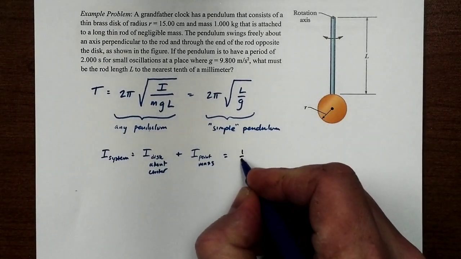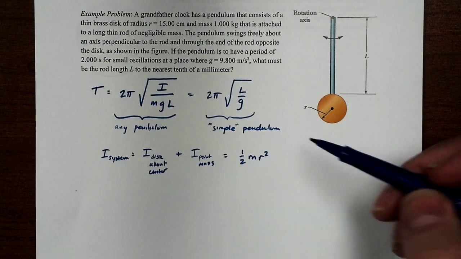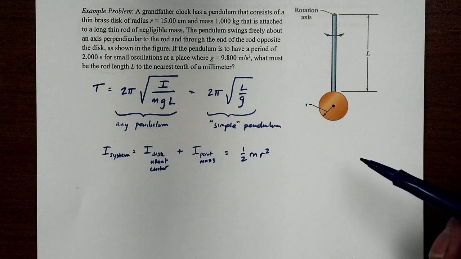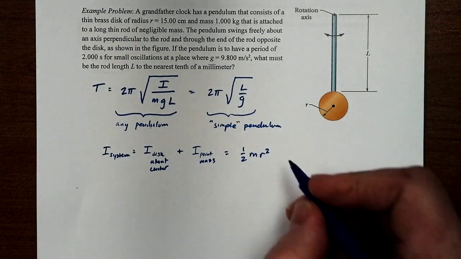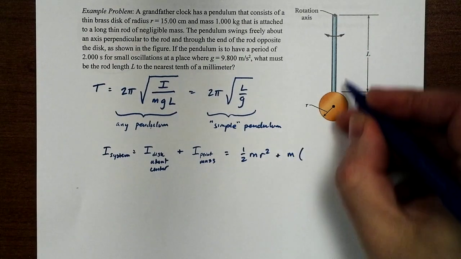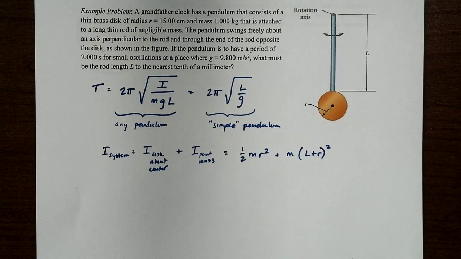So that's 1/2 the mass of the disk times r squared, plus the rotational inertia of this thing treated like a point mass. And so then we go from the center of mass to the rotational axis. We have a mass of m there, but the distance that it is away would be L plus r, squared.